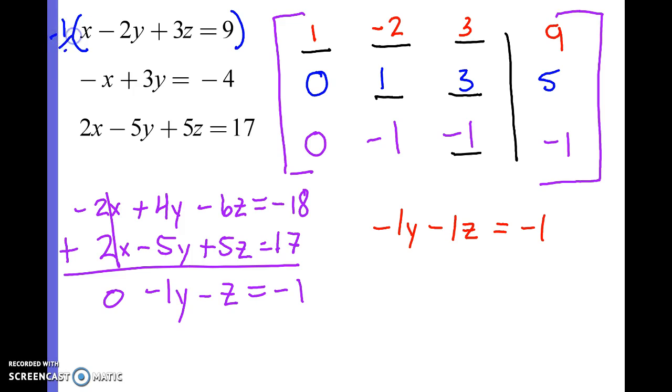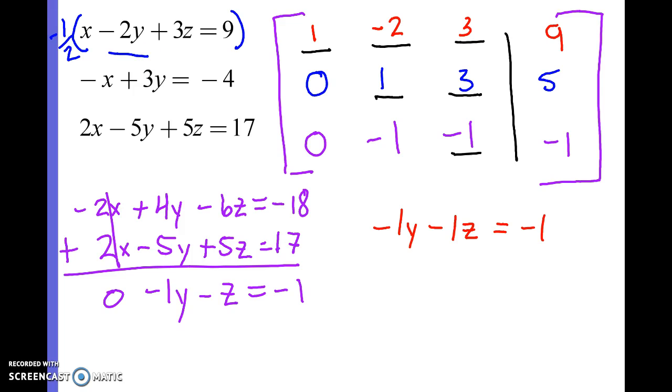And the reason is, if I multiply that by negative 1/2, what do I get? While this might seem like the most logical thing, the negative 1/2 is going to give me a positive 1y, which will cancel with my negative 1y down here.